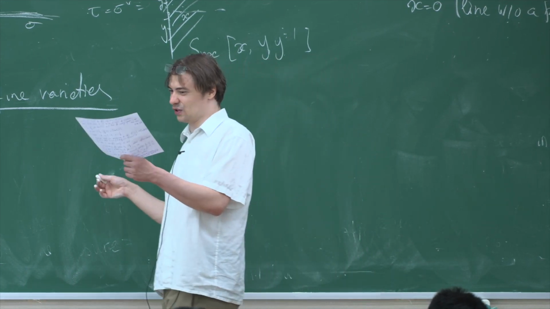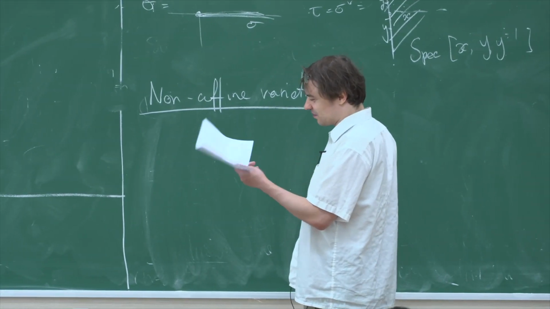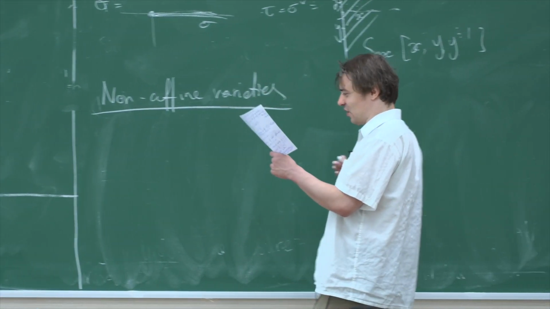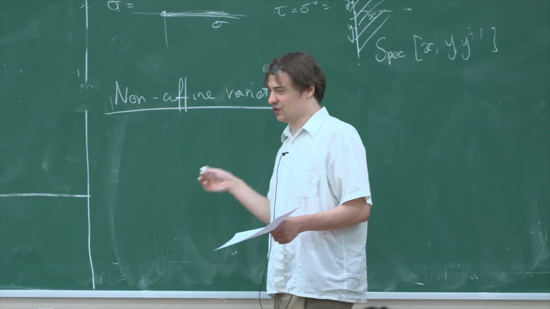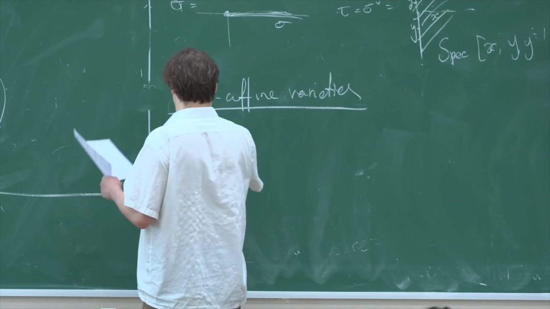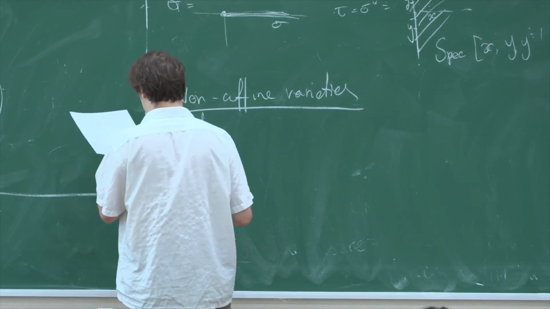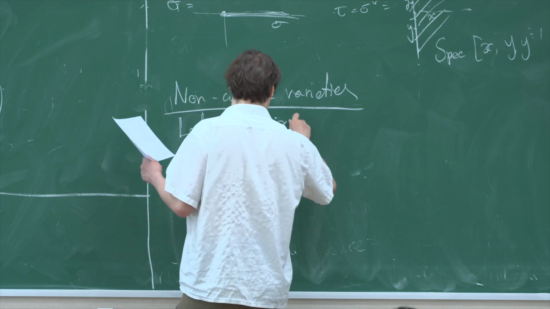But before we see that construction, we need some preparation. We need so-called rational functions. So for us, today we will only use irreducible varieties. So suppose we have an irreducible affine variety x.